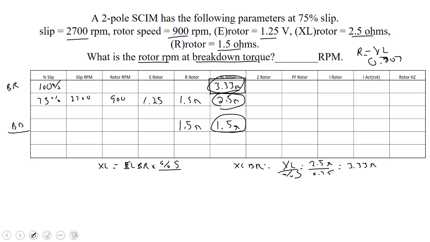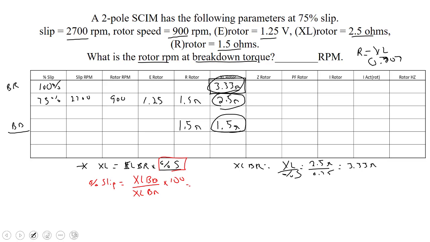So back to this same formula at the beginning here. I'm just going to reuse it again. This time I want to determine the percent slip. So let's rewrite it. The percent slip would be equal to XL at breakdown divided by XL blocked rotor times 100.